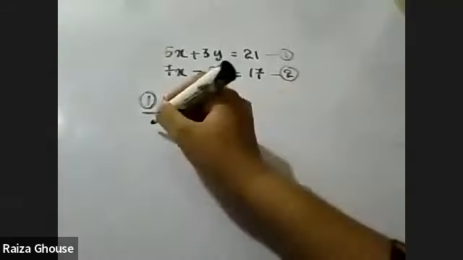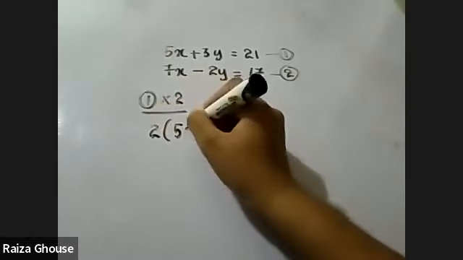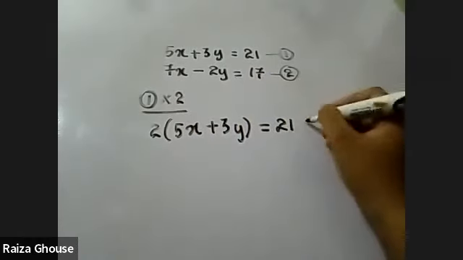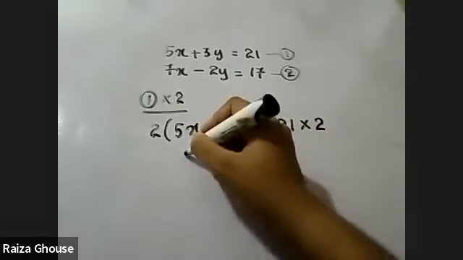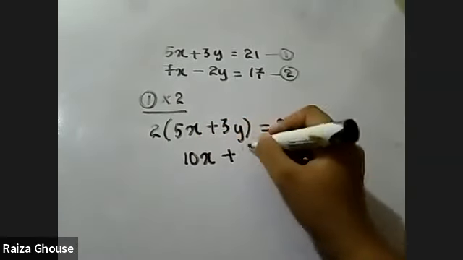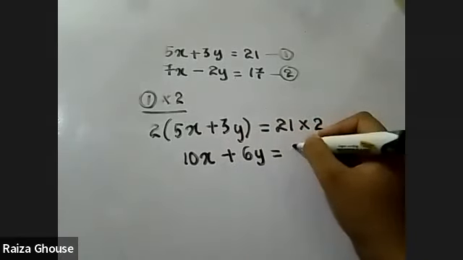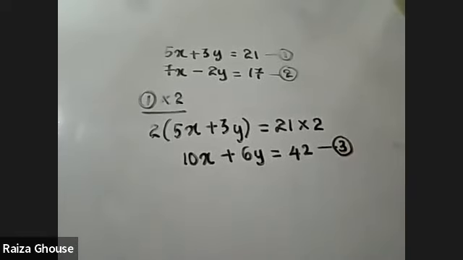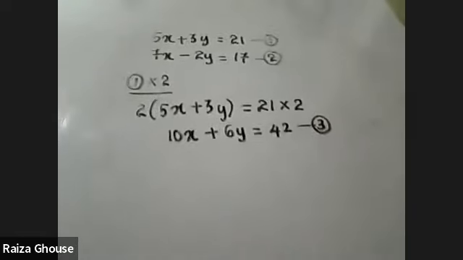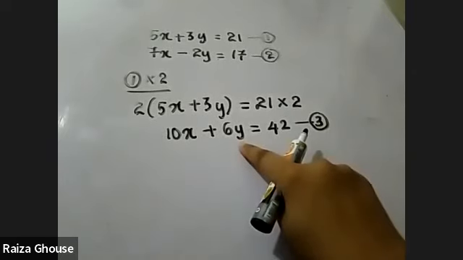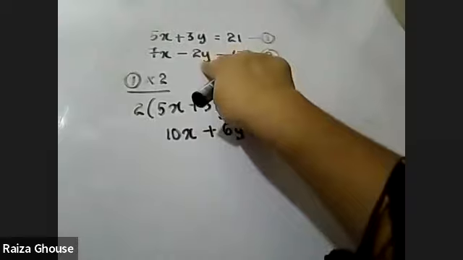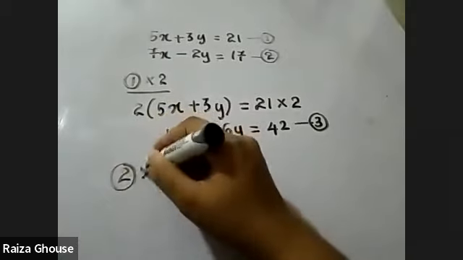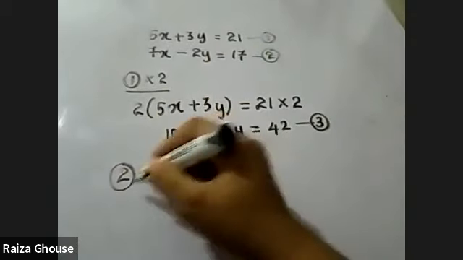So if you multiply the first equation by 2, listen very carefully. You write this first equation within the brackets and you multiply both sides of the equation by 2. So you are getting your new equation, 10x plus 6y equals 42. Now this is your new equation. We can call it 3 or 1 dash or something like that. Then you can see here it's 6y and my next plan is to make this 2y as 6y. So as we did for the first equation, for the second equation, if you want to make 6y, you have to multiply it by 3.